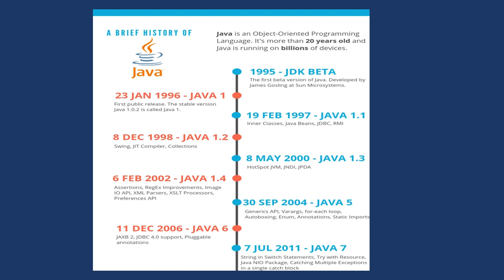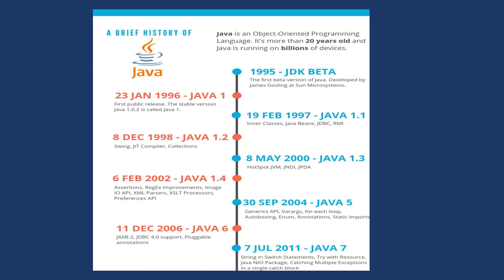But from the inception of Java in 1996 as Java 1, the rest of the features are history. From 1996 till today, it has included too many features.